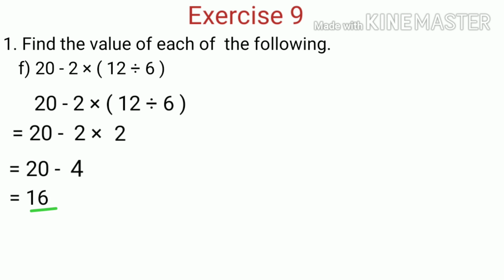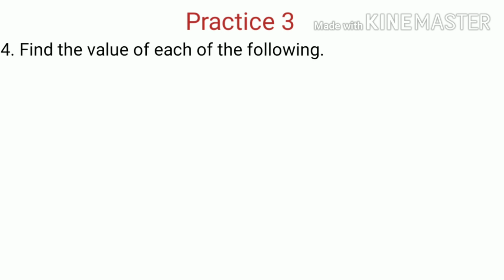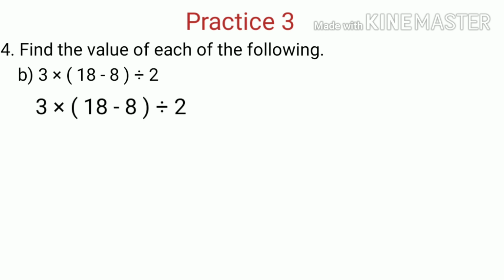Now let's solve some questions from question number 4 of practice 3. Question number 4. Find the value of each of the following. Number B, 3 into open bracket 18 minus 8 close bracket divided by 2. This expression involves multiplication, subtraction and division.